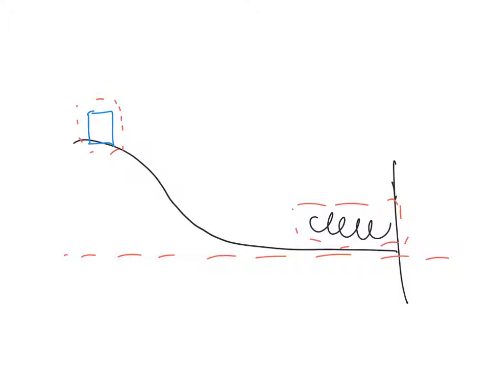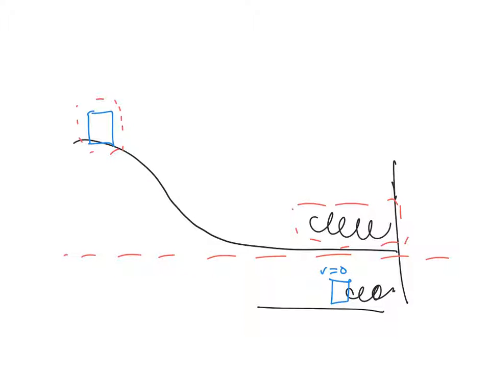At the very beginning, we have the box on top of a little hill and the spring at the very bottom. And then at the very end of the scenario, the spring is now compressed and the box is not moving.